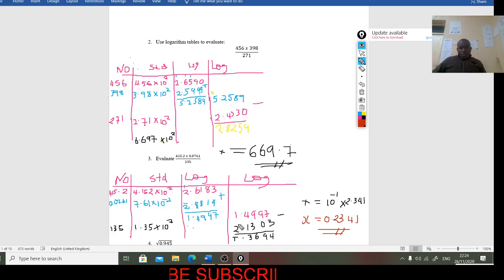This is how you solve using logarithms to find logarithm of numbers.